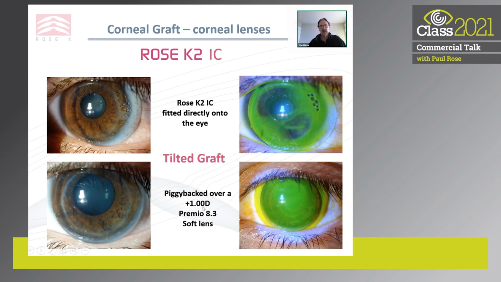So what this practitioner did was use a +1 Premio lens and piggyback the IC lens over it, and immediately he got much better centration, the patient's wearing time was improved, and the fitting pattern was markedly improved. So a very good result simply using a plus lens piggybacked with an IC lens over a soft lens.